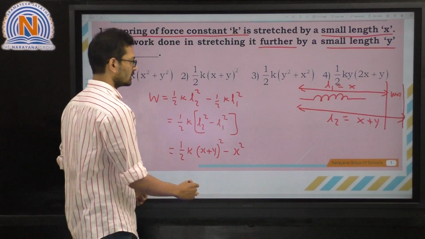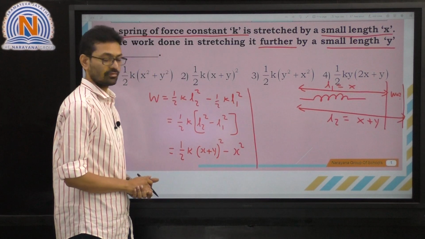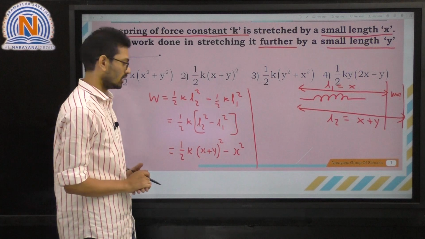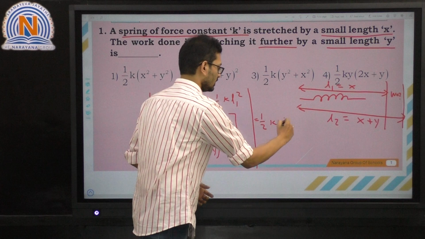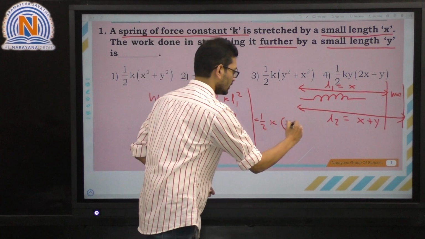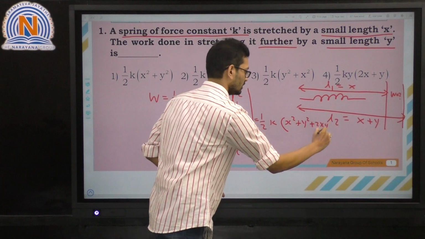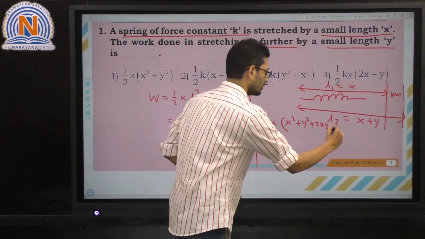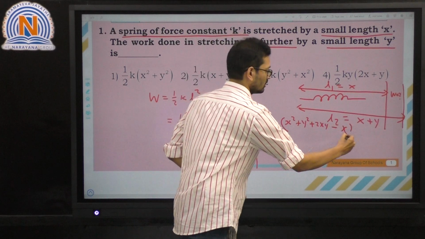The next step is that (x plus y) whole squared is in the form a plus b whole squared, so we substitute like that. So it is going to be half k into x squared plus y squared plus 2xy, minus x squared.